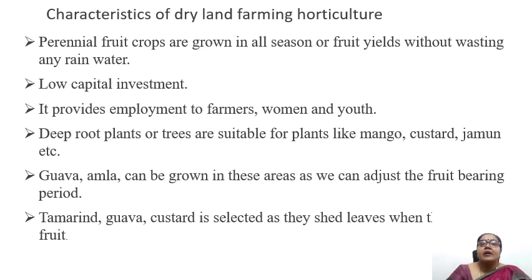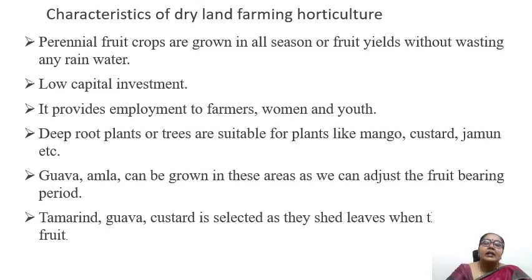And we see that they are not making any major investments, or capital investment is not required. So the farmers who are very poor or have a very small farm holding can also take up this horticulture in their dry farms, and it provides employment to farmers, to women and youth.